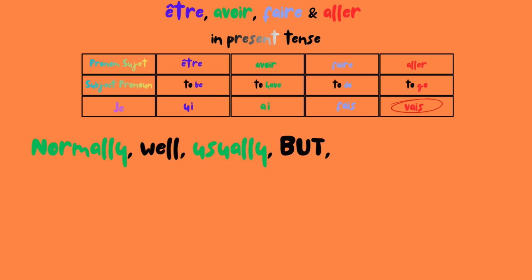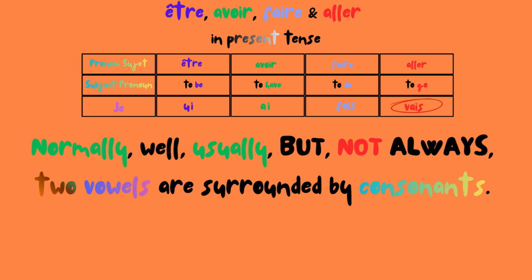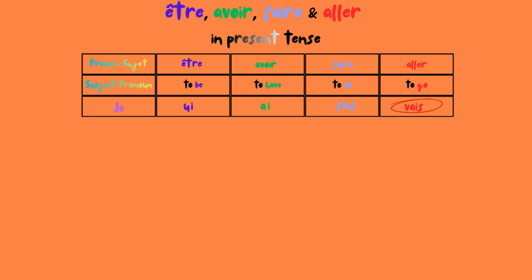Normally, well, usually, but not always, two vowels are surrounded by consonants. So, by this rule, the letter V, a consonant, in its place, immediately in front of the vowel pair A and I, is validated and confirmed. And similarly, S at the end too is validated and confirmed. So, conjugaison of aller for je is vais. Voilà!